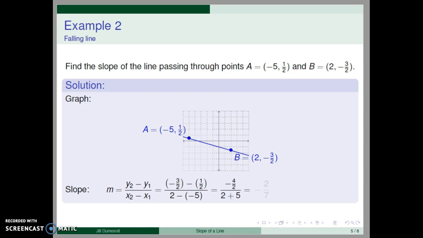Subtraction with common denominators yields a -4/2 on top, and we get 2 plus 5 on the bottom using the definition of subtraction. This simplifies to -2/7. Remember that in a fraction, whether the negative sign is out front, on top, or on the bottom of the fraction is irrelevant.